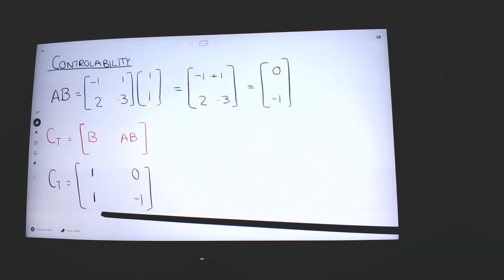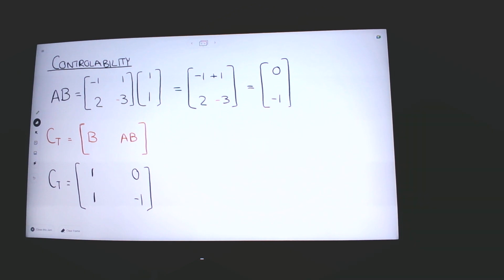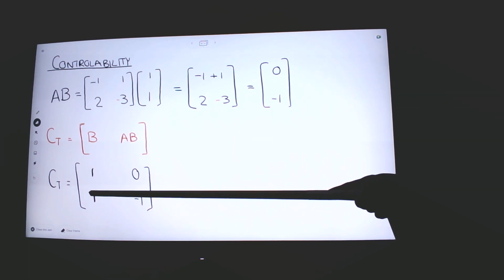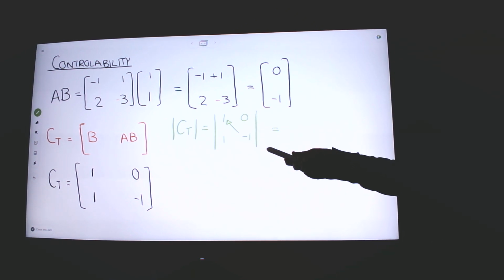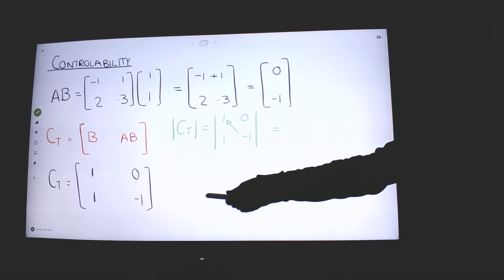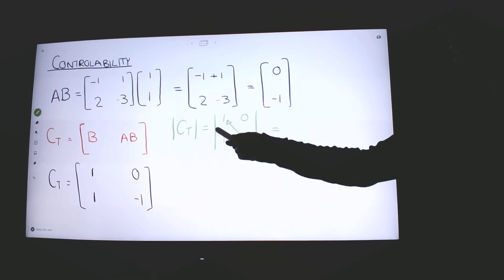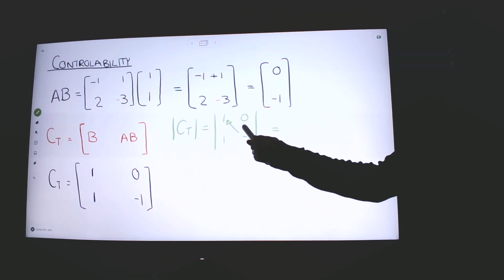Now, I still don't know if the system is controllable or not. So what I am going to do is find the determinant of that CT, the controllability matrix. It's a 2 by 2, so I'll multiply this by that.